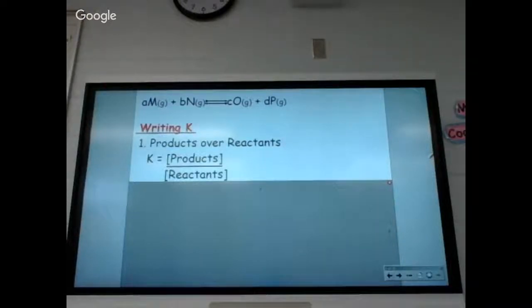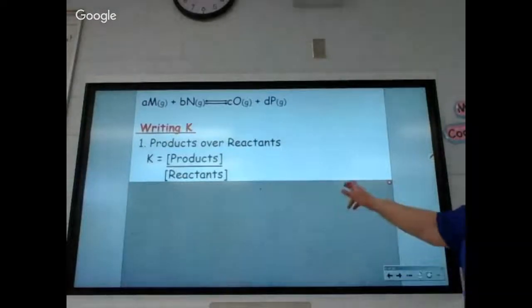If you have to write or calculate one of these on the exam, one of the answer choices will be flipped. The products have to be on the top. The reactants have to be on the bottom. If you forget, you will get the wrong answer. The brackets stand for concentration. That's just shorthand for the concentration. So that's the way I'll write it.